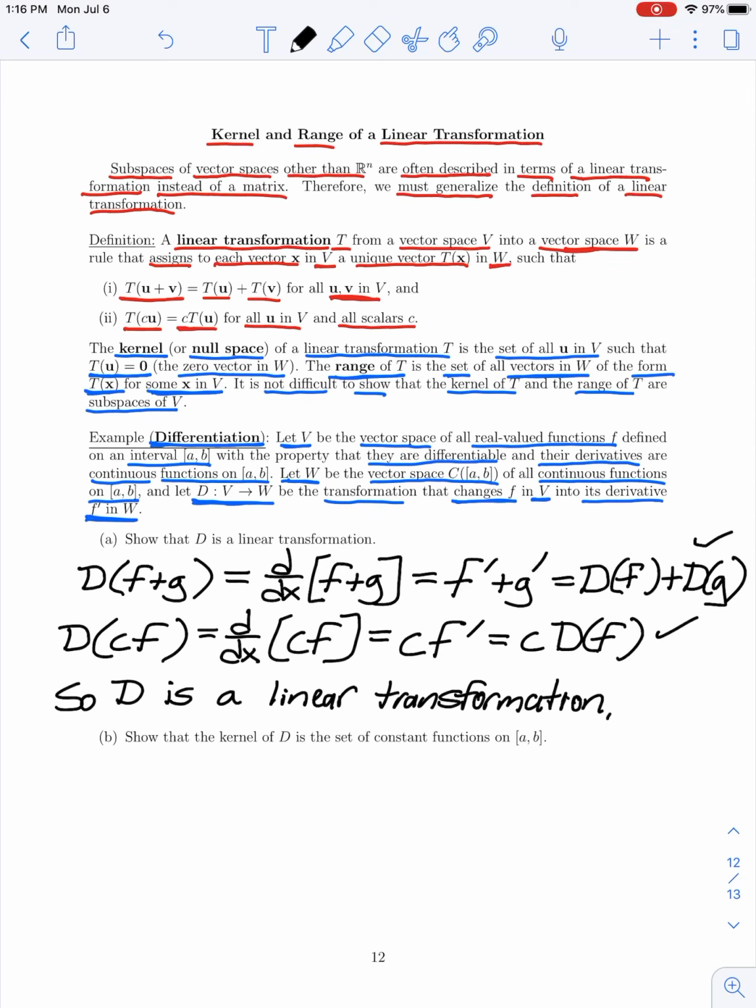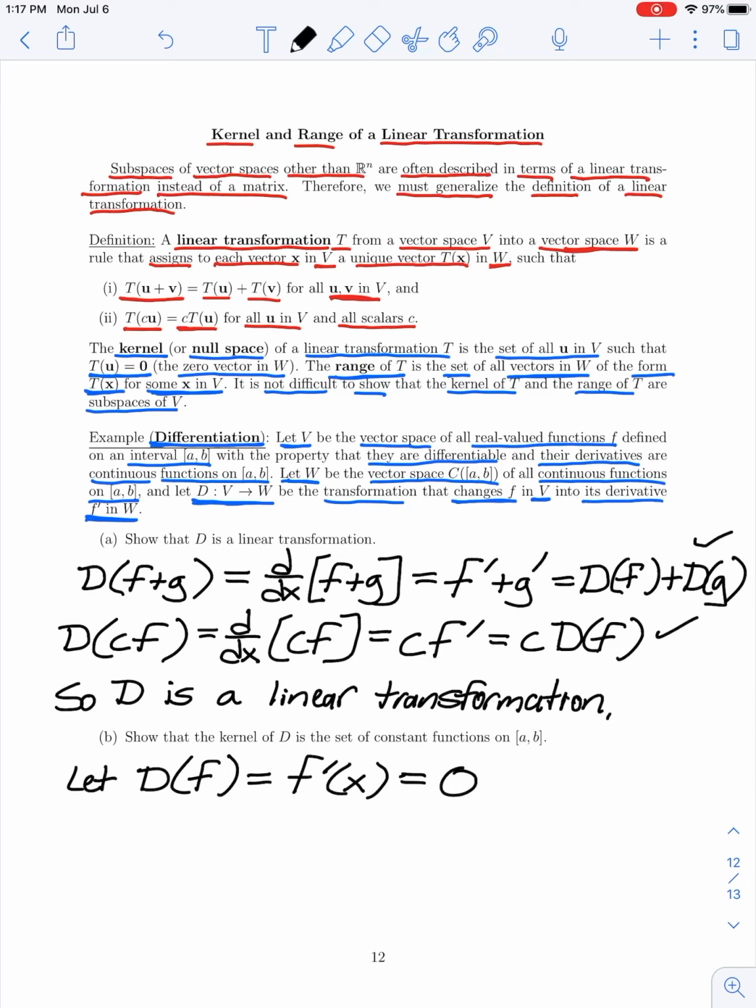Now in part B, we are asked to show that the kernel of the transformation D is the set of constant functions on the interval from a to b. So here, if we are trying to find the kernel of a transformation, we're looking for the set of vectors, or in this case functions, f, such that we get the 0 vector as the image under this transformation D. Now here, D is the transformation which gives us the derivative of our function.